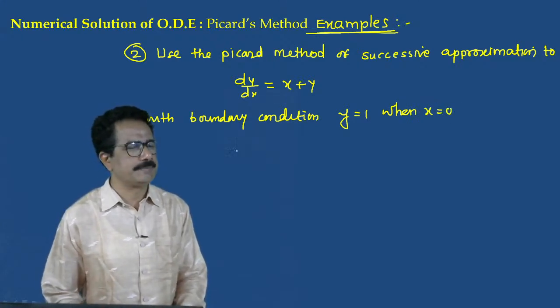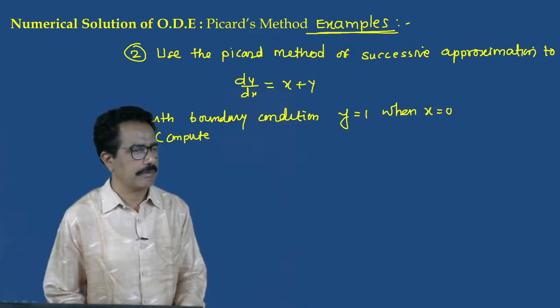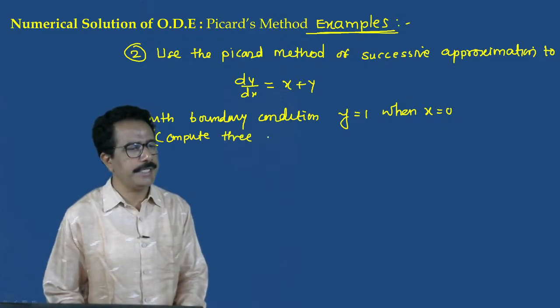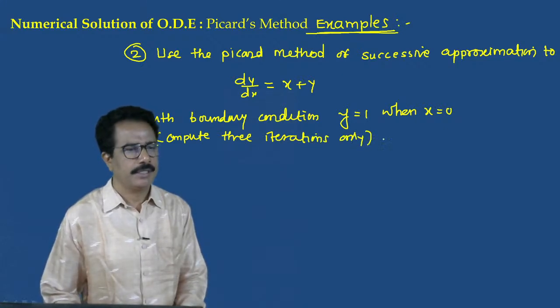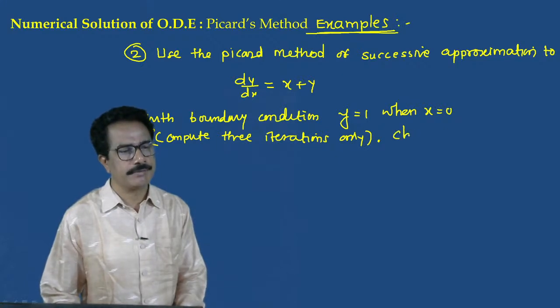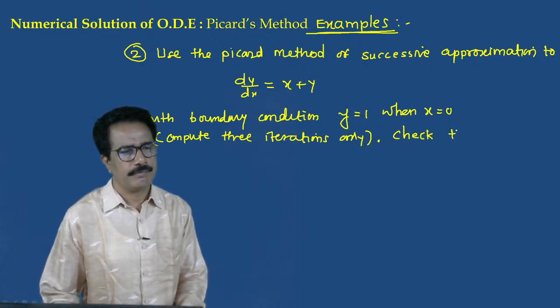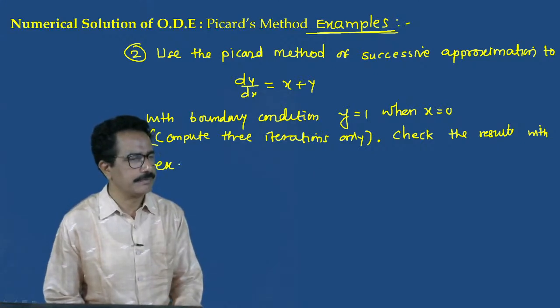Compute three iterations only and also check the result with the exact value.